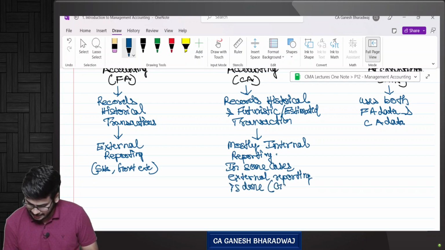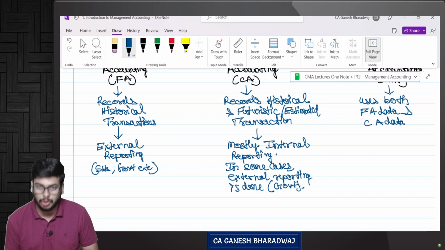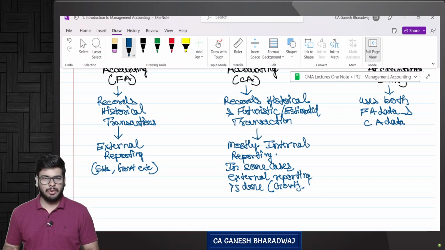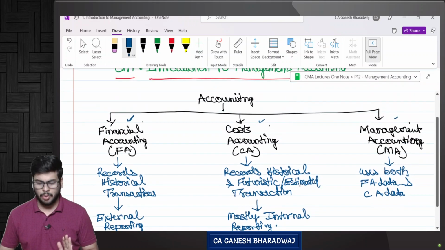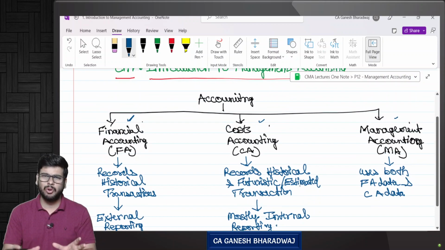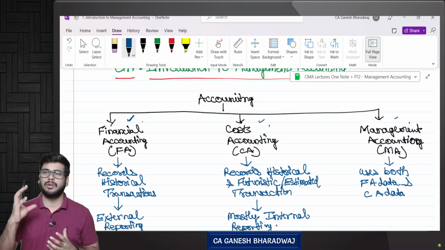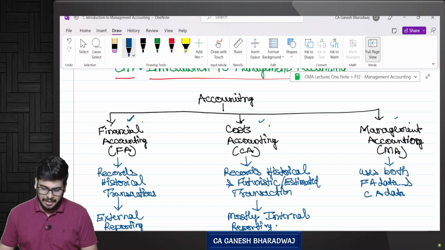Within brackets, that external reporting is also only done to the government. I will explain this once we move to the next point. So understand right now, cost accounting deals mostly with internal reporting. In some cases alone, you will be required to report to the government.